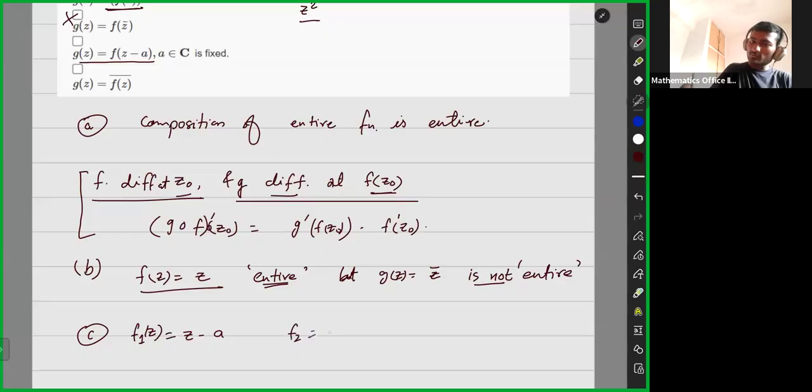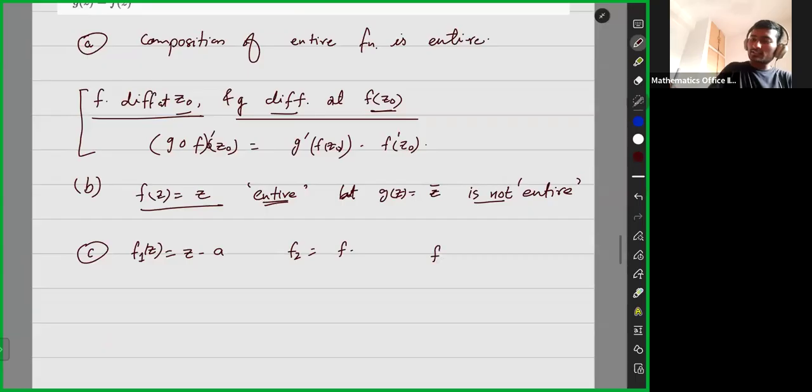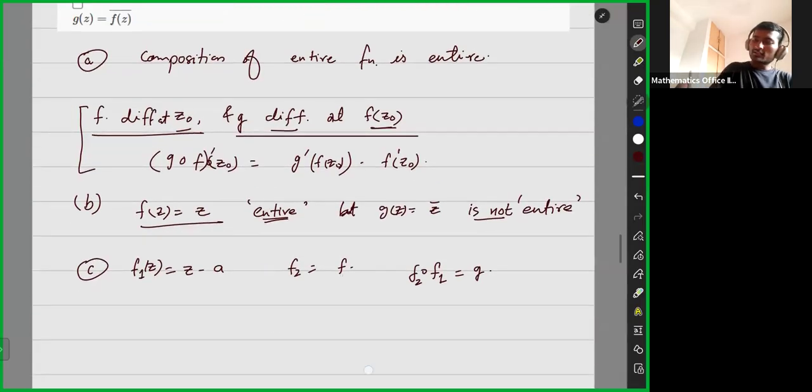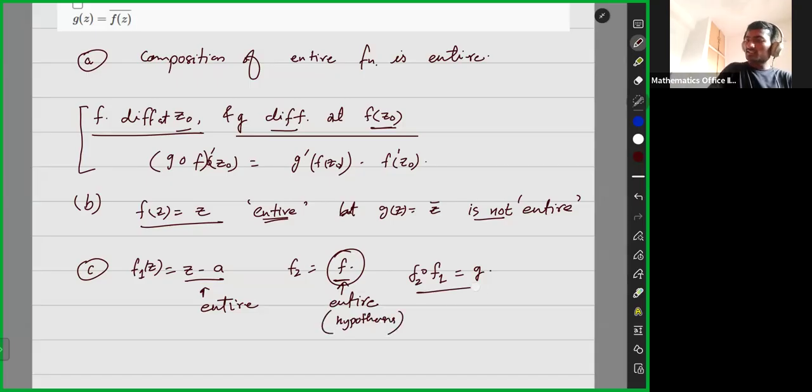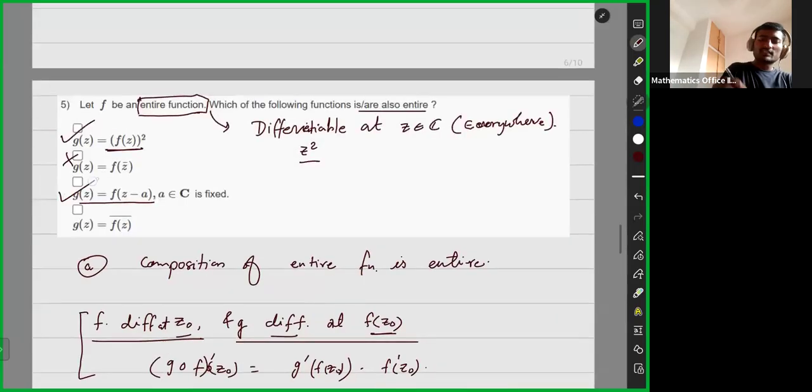Then f2 is equal to f. So when we write this composition f1 composite f2, this becomes C. See, f is also entire, z minus a is a polynomial. Both are entire. F is, this is by hypothesis. So this is entire. So this is correct.